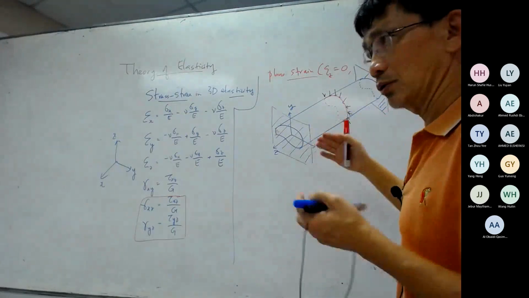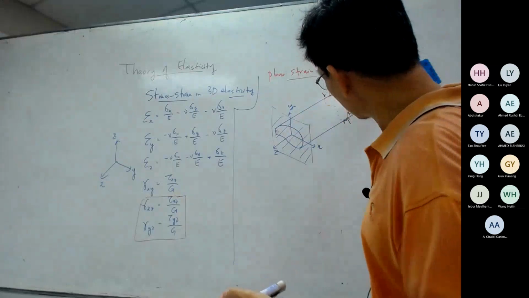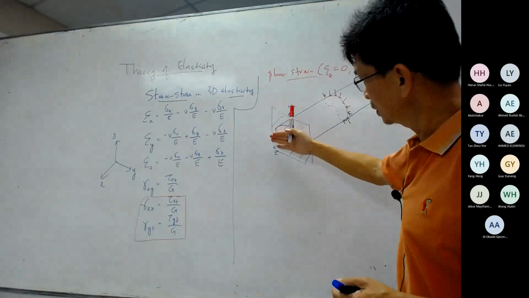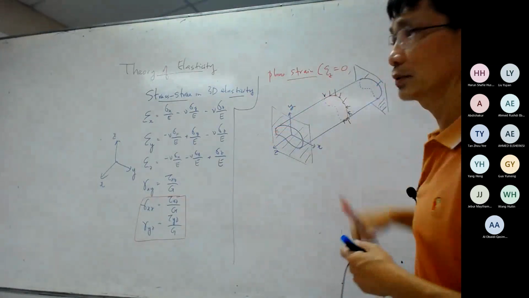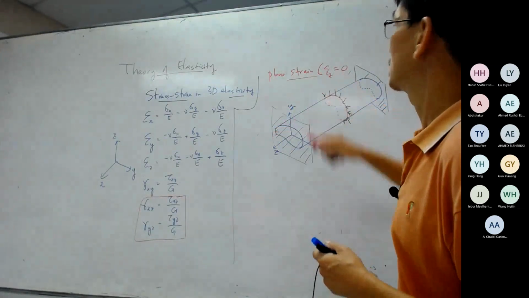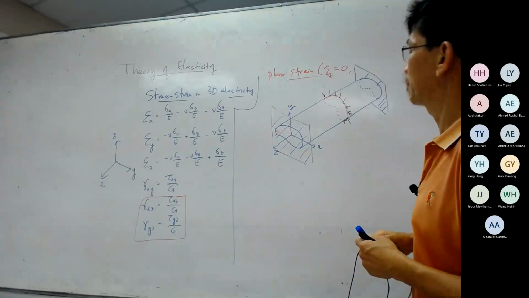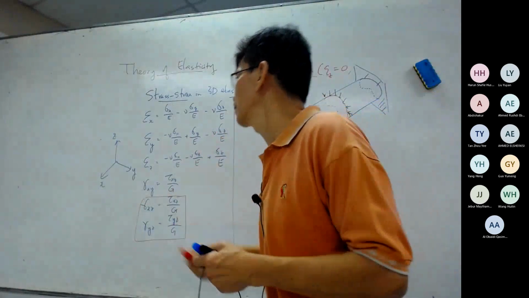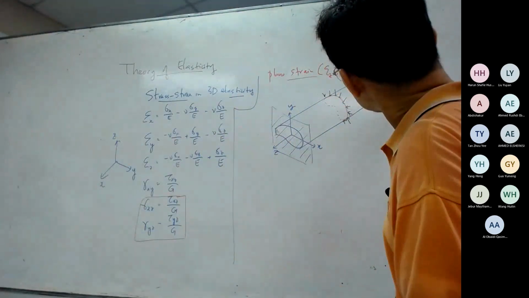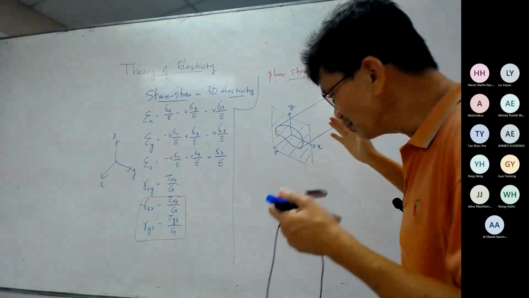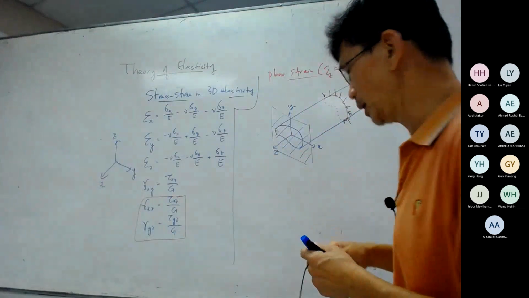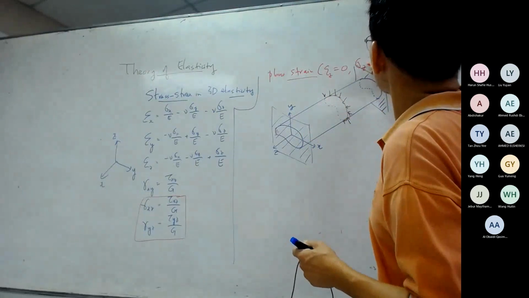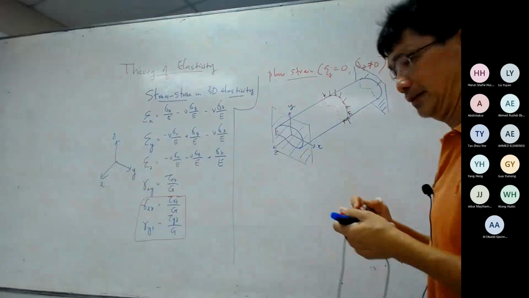But if this is prevented from moving, which is why we have epsilon z equal to 0, it causes sigma z not equal to 0.